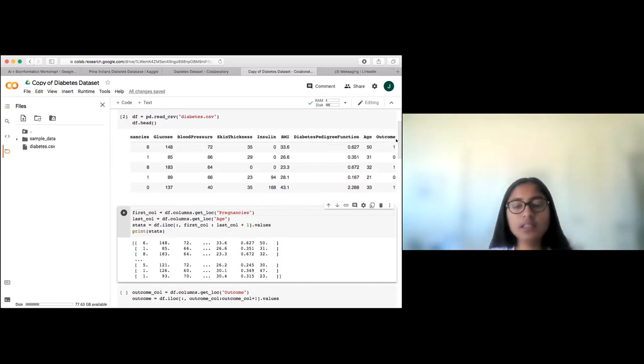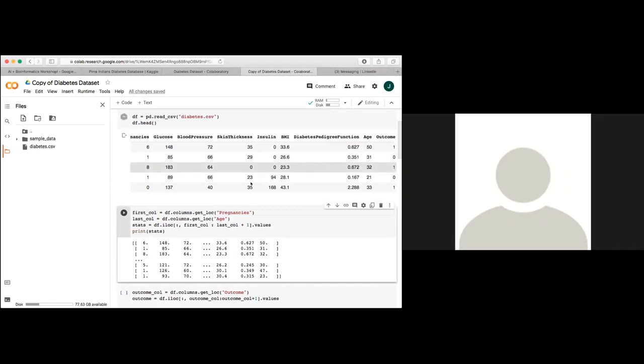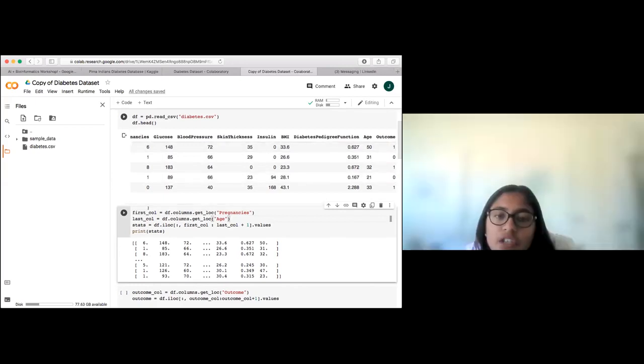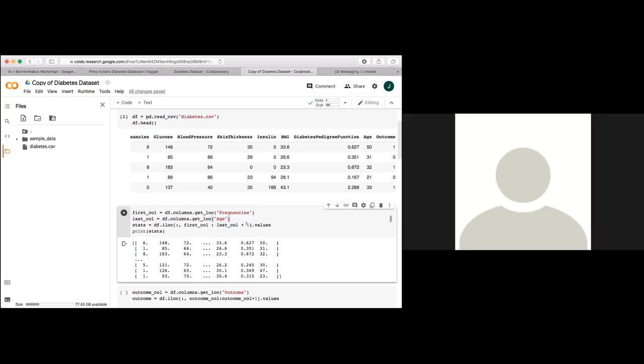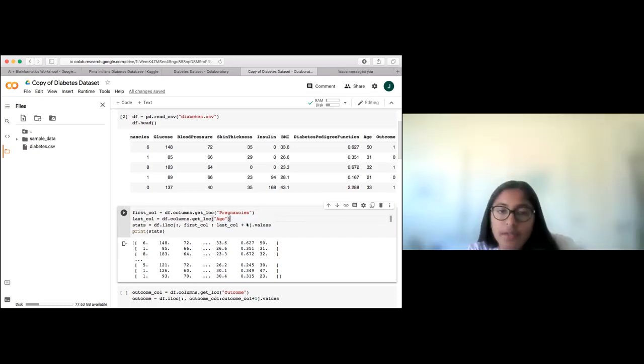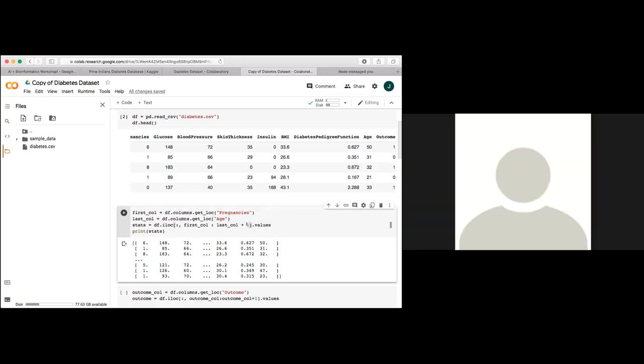Does that make sense? Yes, and so you've got pregnancy and age because that's the from and the to and everything in between. Yeah, this is my first column, age is my last column, and then I create a table called stats where I go from the first column to the last column plus one, because it's not inclusive at the end. So I need to add one to make sure I don't cut off the last column. Okay, that's helpful, thank you.